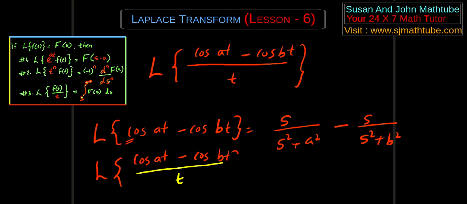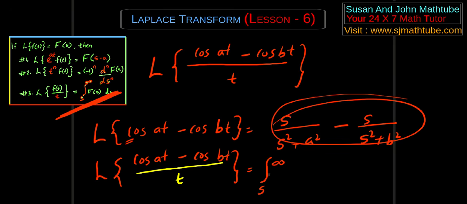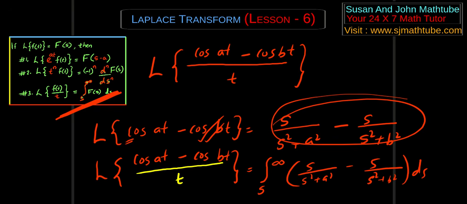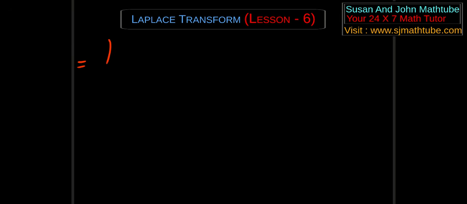Tell me please. I stopped the drama. So now you tell me what to do. Look at the last property here. Integral s to infinity. Remember, this is an improper integral, and you should integrate this part. So if you know the Laplace of this quantity, the Laplace of that quantity divided by t will be the integral of that answer: s by s square plus a square minus s by s square plus b square, ds, is equal to, now let's make it like a proper integral.